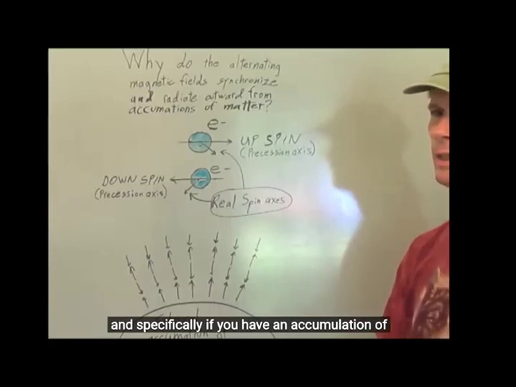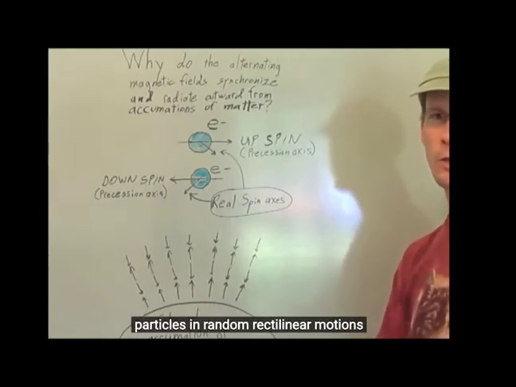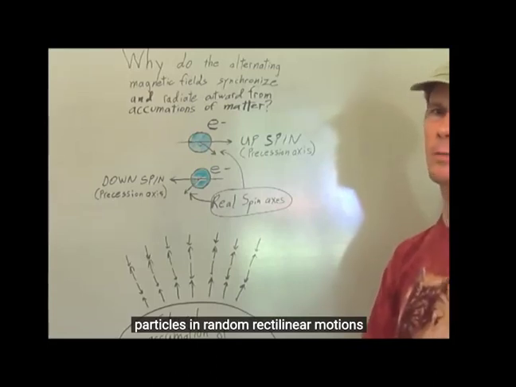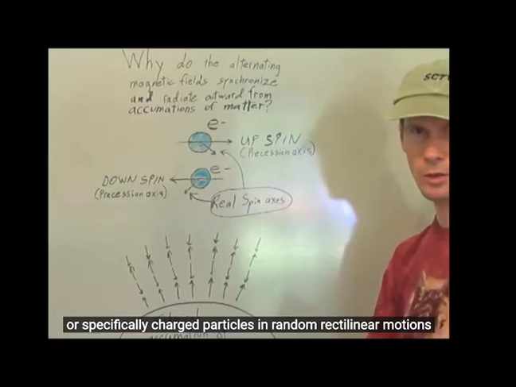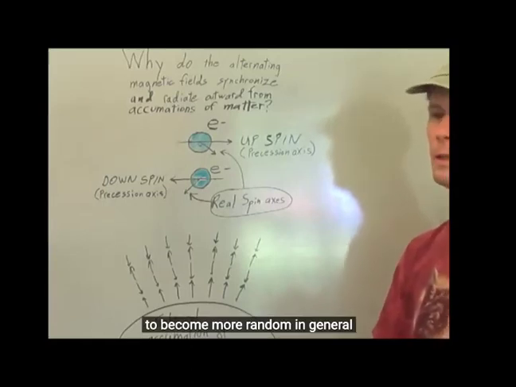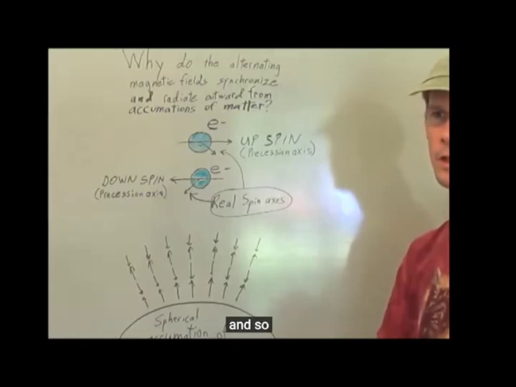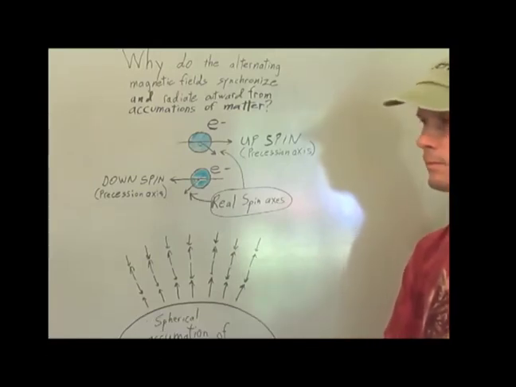And specifically, if you have an accumulation of particles in random rectilinear motion, or specifically charged particles in random rectilinear motions, they interact with each other to become more random in general. And we call that Brownian motion usually.